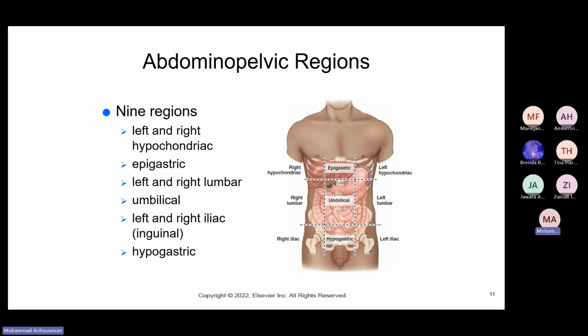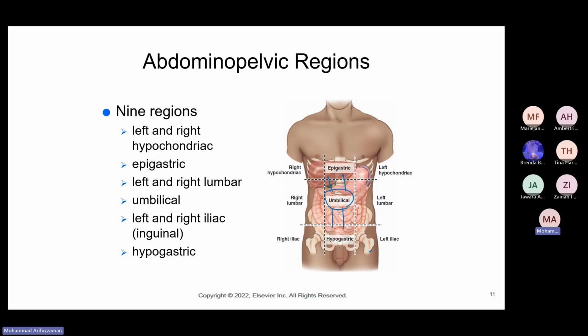You can see this is the umbilical region, and superior to the umbilical region is called epigastric. Inferior to the umbilical region is the hypogastric.